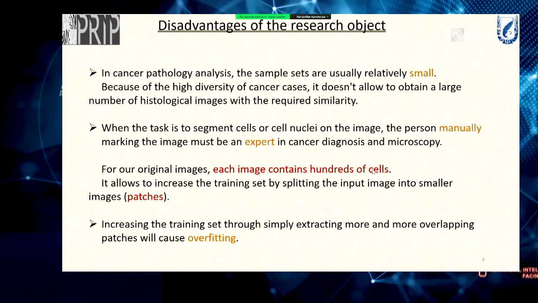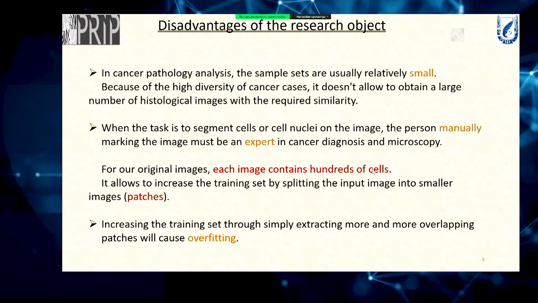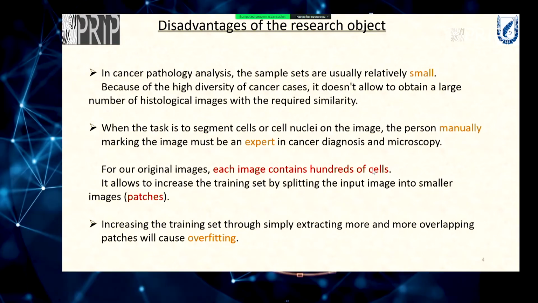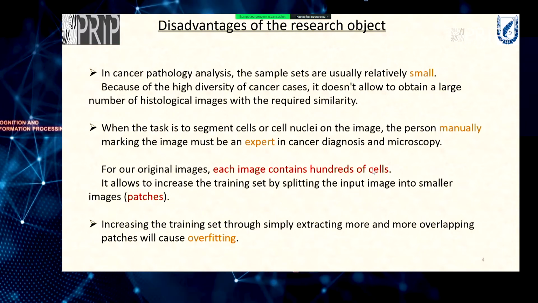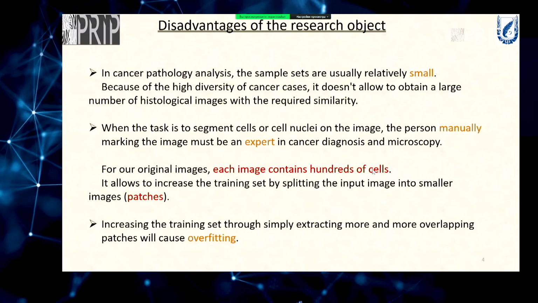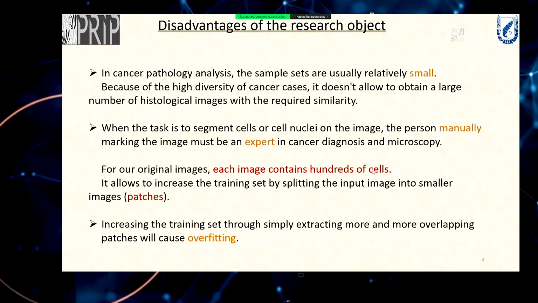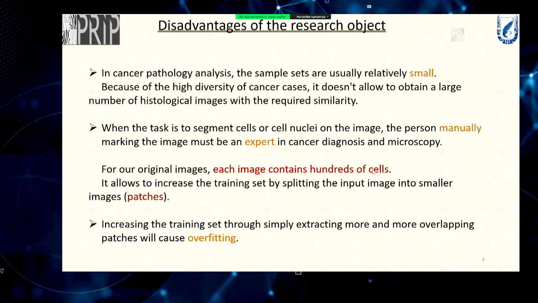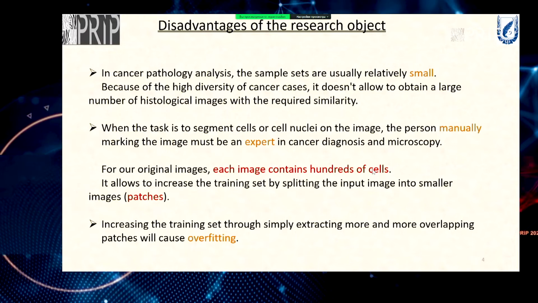And it's a pity that there are several disadvantages of the research object. Firstly, for cancer pathology analysis, our sample sizes are usually smaller, and there is high diversity of cancer cases, so it is not possible to obtain a large number of histological images with high content quality.